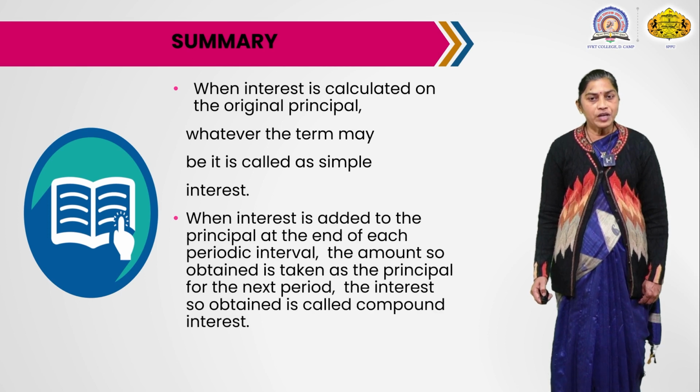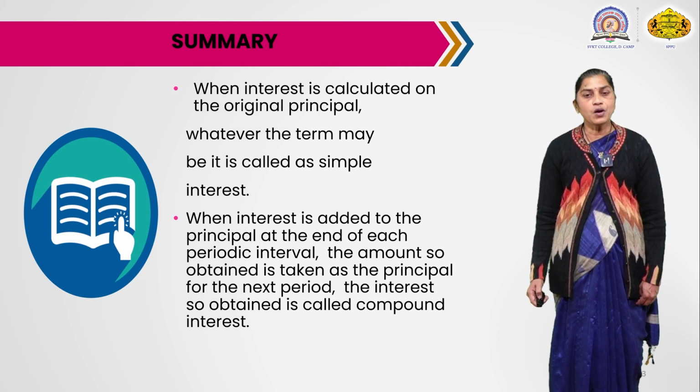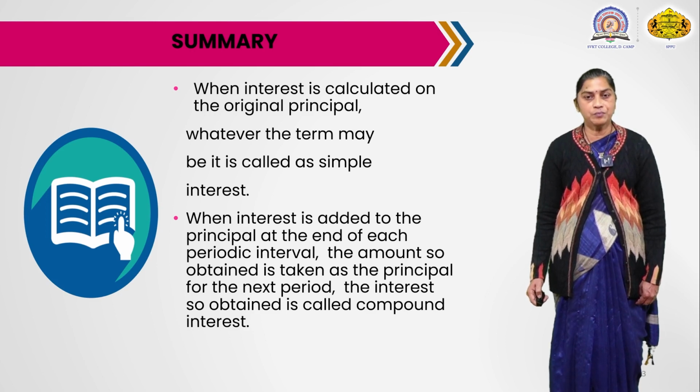Whereas, when the interest is added to the principal at the end of each periodic interval, and the amount so obtained is taken as the principal for the next period, such interest is called compound interest. The main thing is that compound interest is always more than simple interest for the same sum and same period.